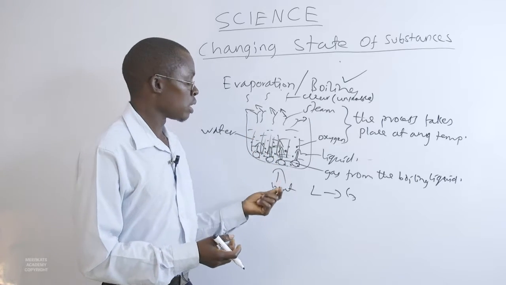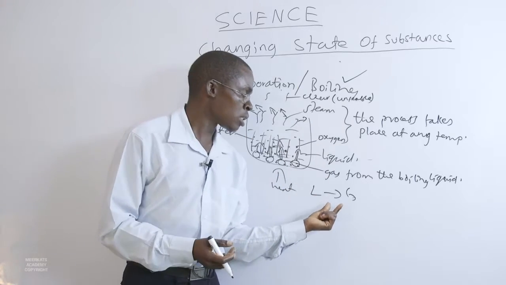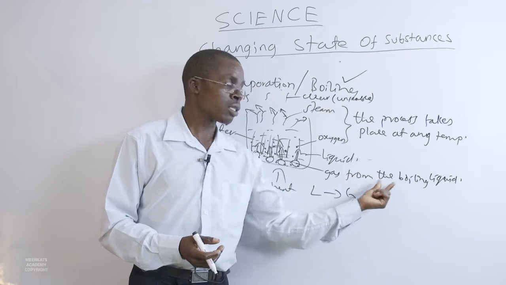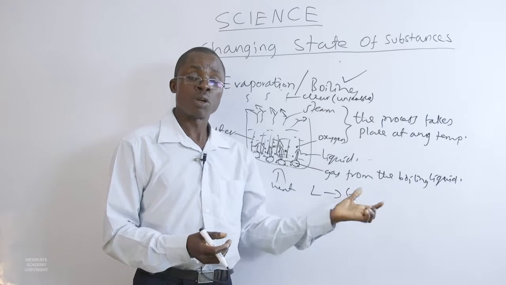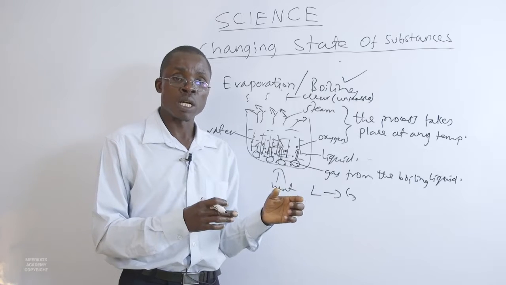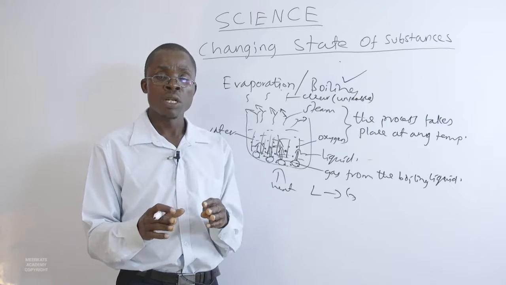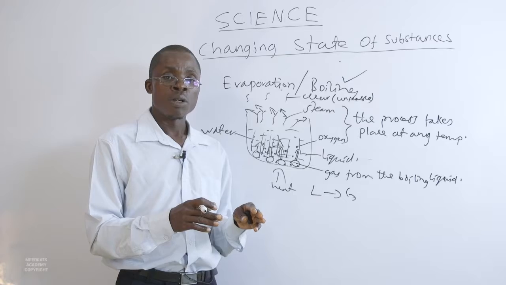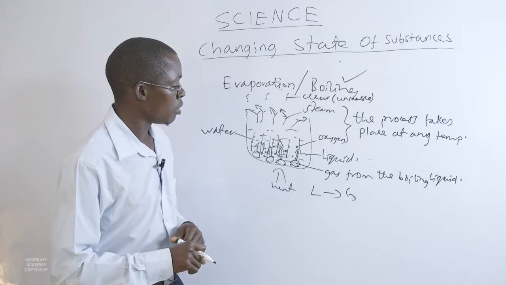But this gas is not just any other gas, but the gas coming from the liquid that is being boiled. If it is water, it is gas from water. If it is ethanol, it's gas from ethanol. So it will depend on the liquid you are talking about.